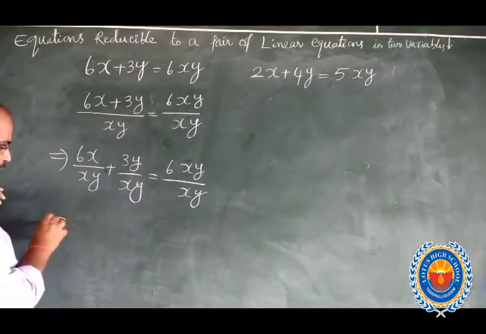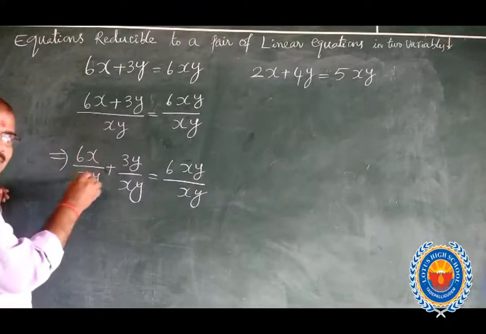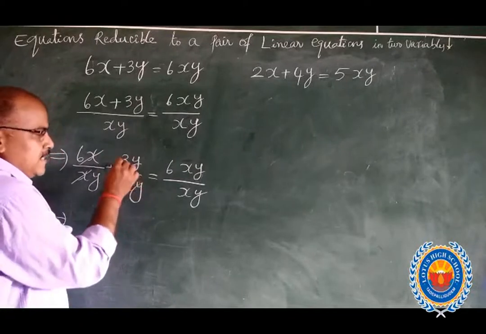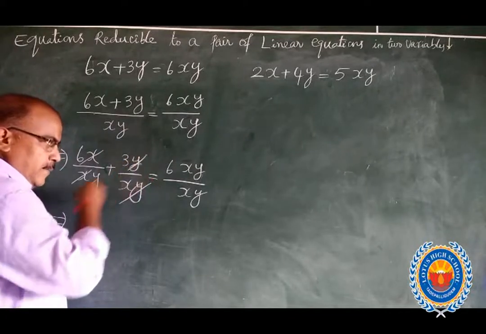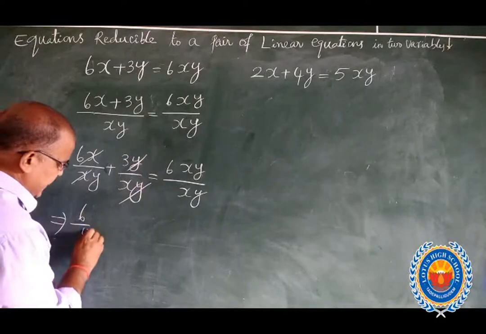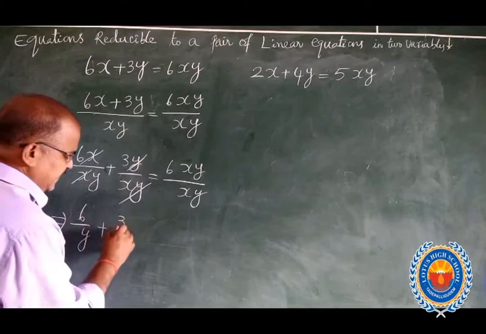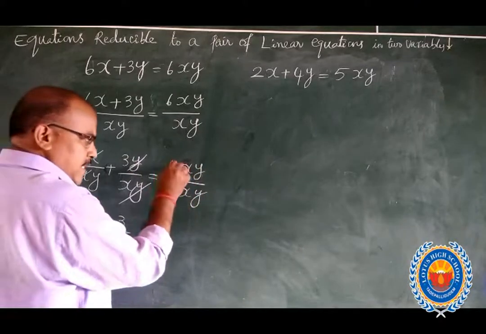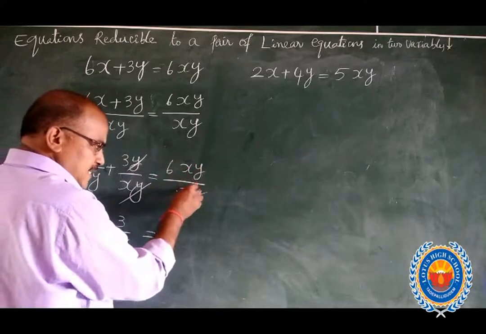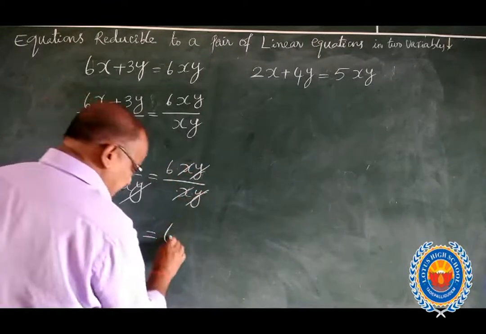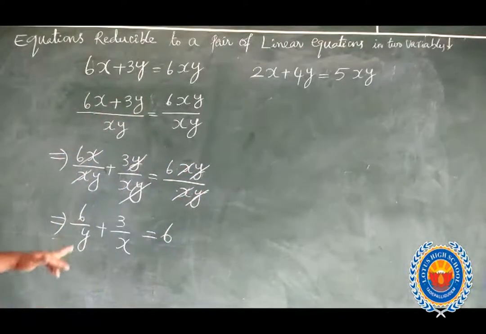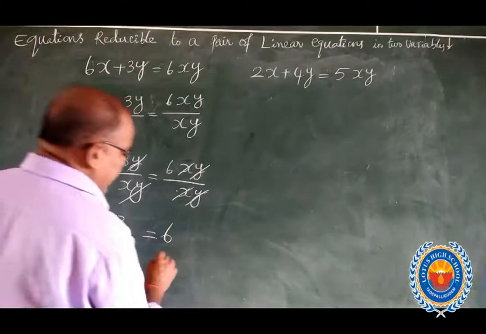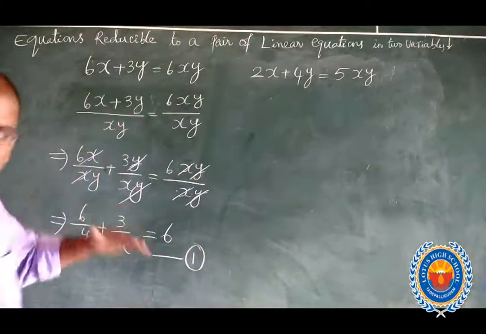Carefully see this sum: x and x will be cancelled, y and y will be cancelled, and on the right side xy cancels. That's why 6 by y plus 3 by x is equal to 6. This is equation 1.